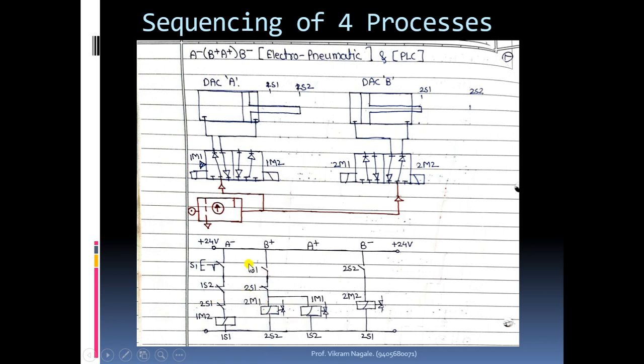So for safety, again for this case also we are using this two limit switches so that there won't be any problem of energizing and de-energizing of the coils.